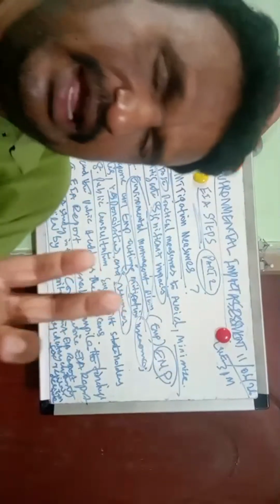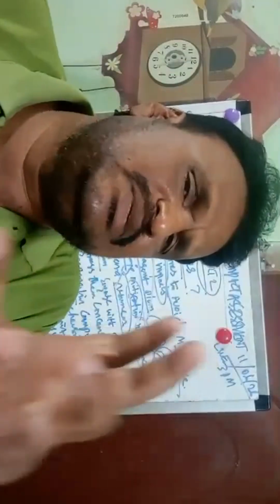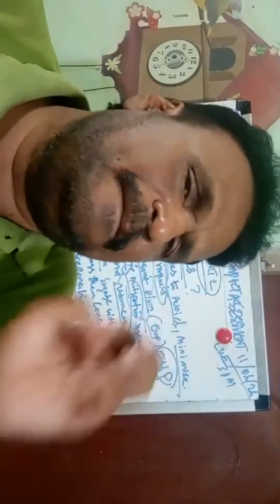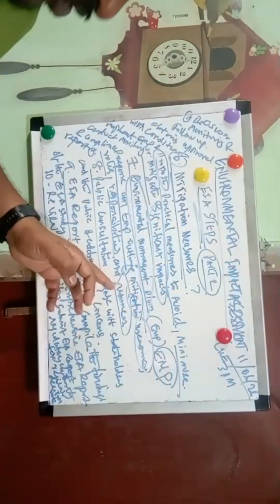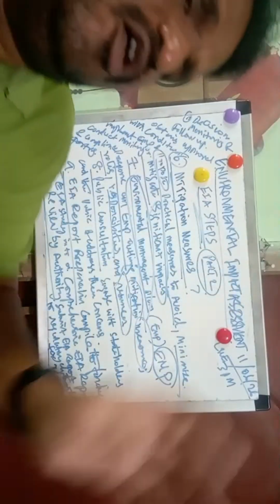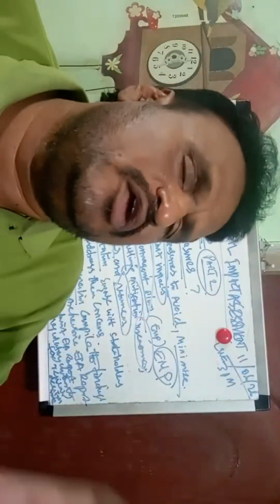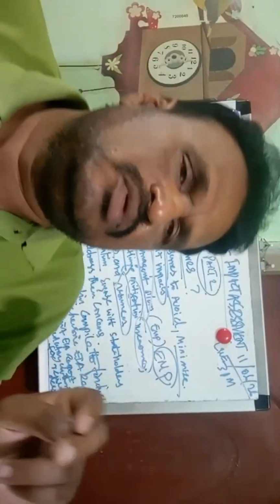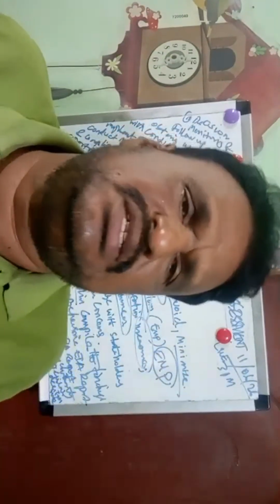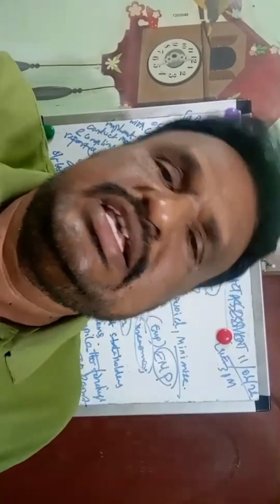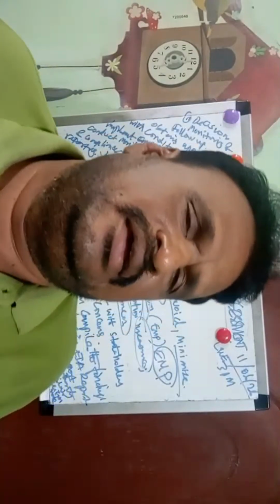After that, 7th, you have to make the environmental management plan, EMP. In that plan, you have to give an outline of how you are going to mitigate, and the roles, responsibilities, and resources. That means who the safety officers are and what their role in EIA is.